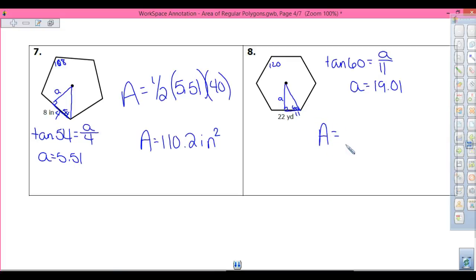Area equals 1/2 times 0.1 or 0.5, depending on what you got, times 132. So we have to take that 22 times 6.